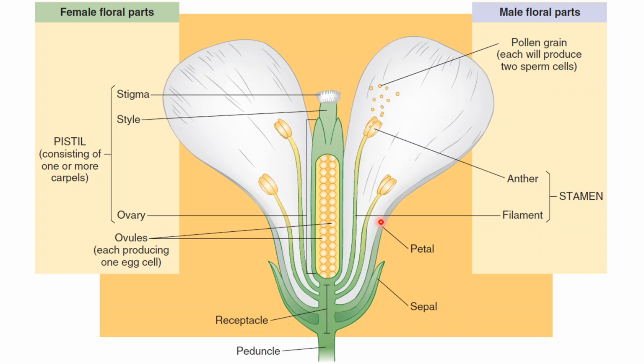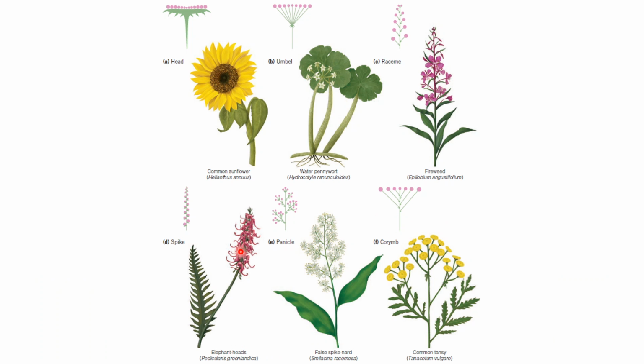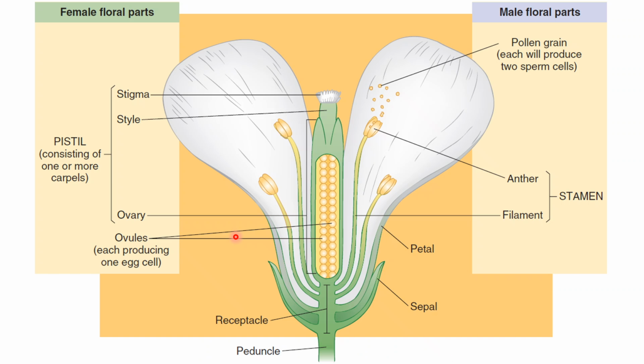And petals play an important role in ensuring that sexual reproduction will occur. Sometimes petals form a tube. For example, these flowers here, the elephant head, have a tube that looks like the elephant nose.